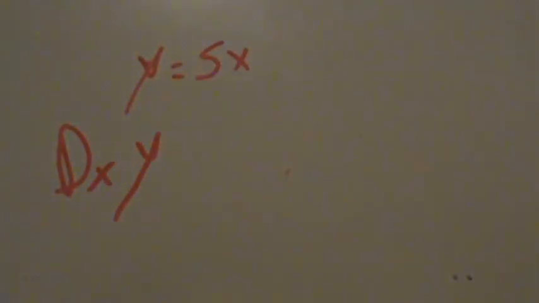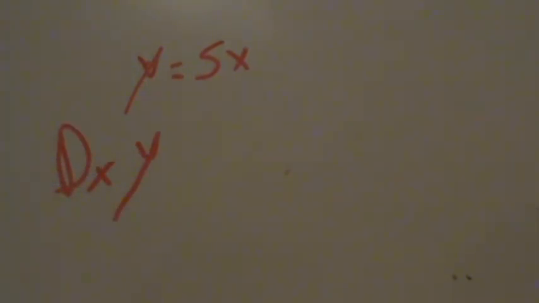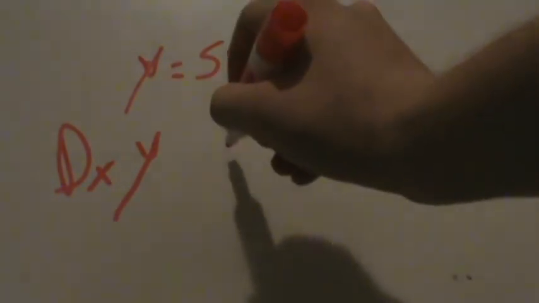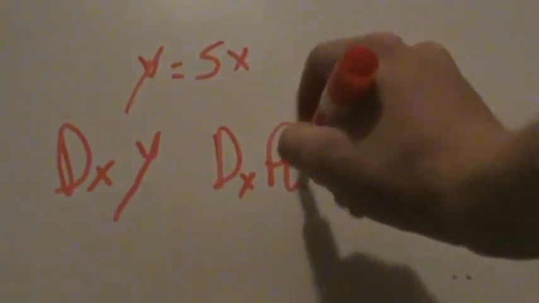If you did Dx of y, this would be saying take the derivative with respect to x, with y being the dependent variable. Typically, because we denote y as an f of x, this is basically the same as saying this.